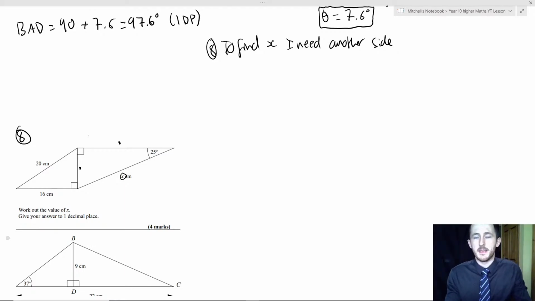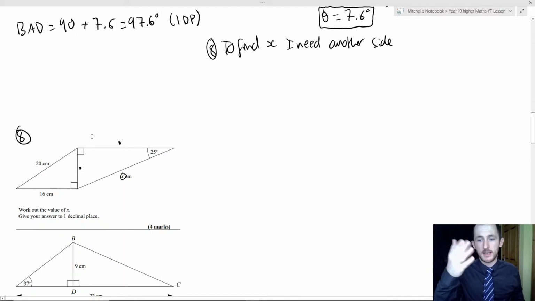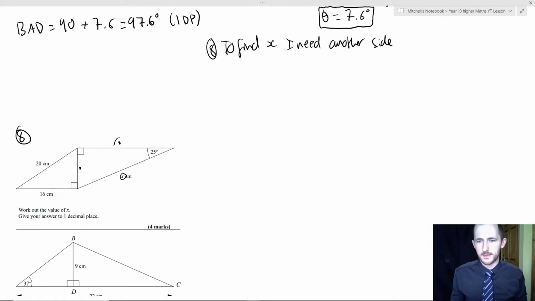Because logically speaking, if I want to use trigonometry, I need a side and an angle, or I need two sides. At this point, I have just an angle, which is completely worthless to me. So I need another side. So the question is, can I work out this top side? No, I don't think so. Can I work out this side?